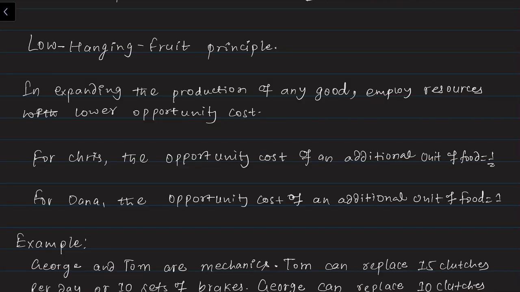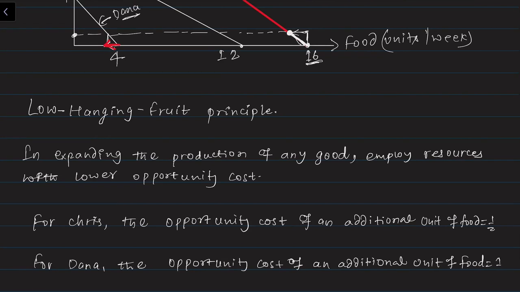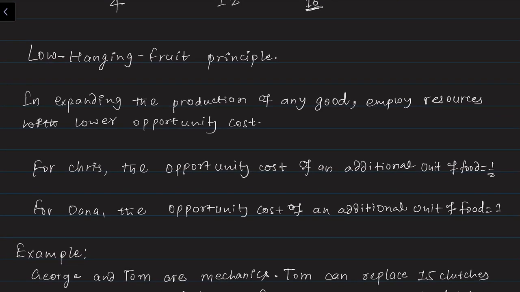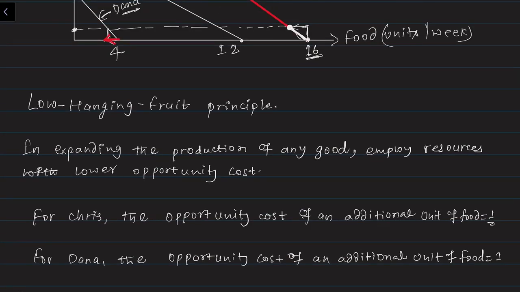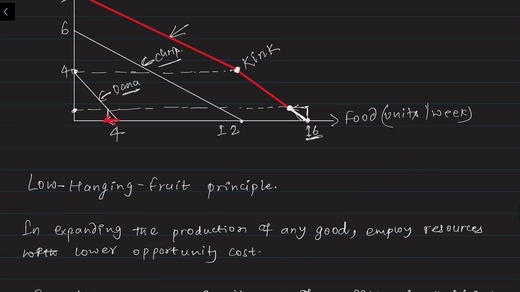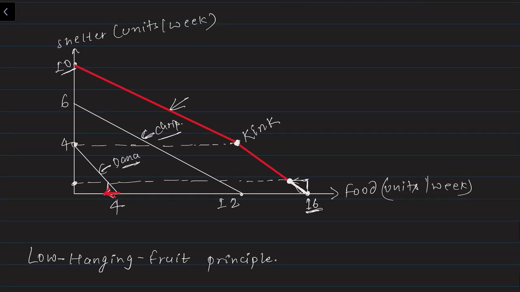So the idea to draw the PPC comes from the low-hanging fruit principle. This principle states that in expanding the production of any good, employ resources with lower opportunity cost. This is what we did while drawing the PPC of either a 1% or 2% economy.